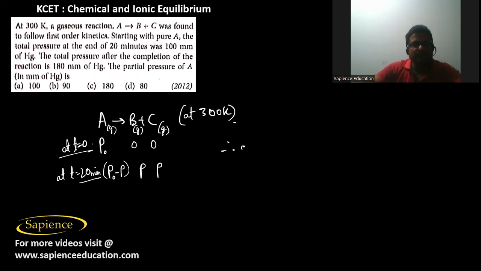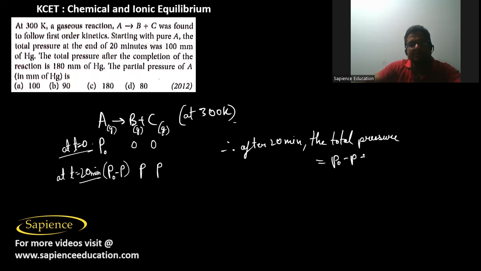So after 20 minutes, the total pressure is P naught minus P plus P plus P, that is equal to P naught plus P, which is equal to 100 millimeter of Hg.